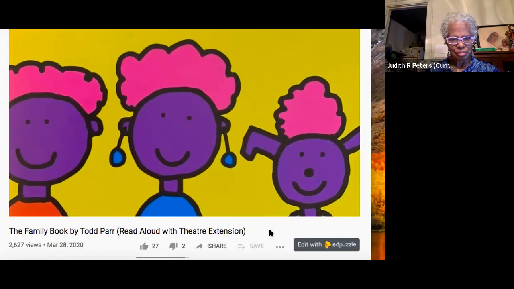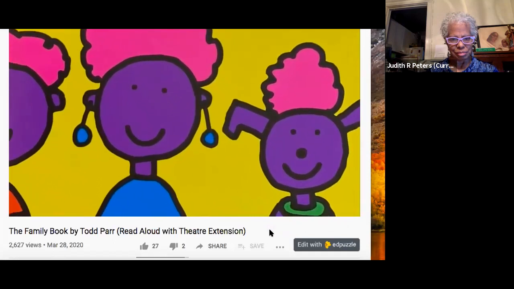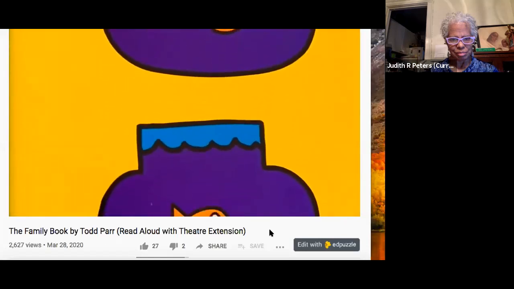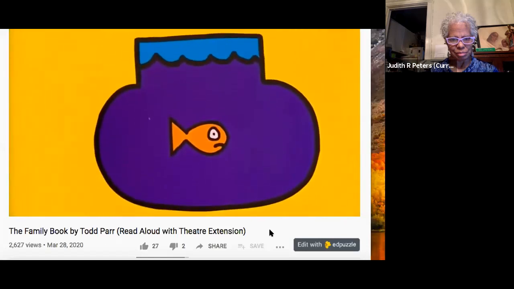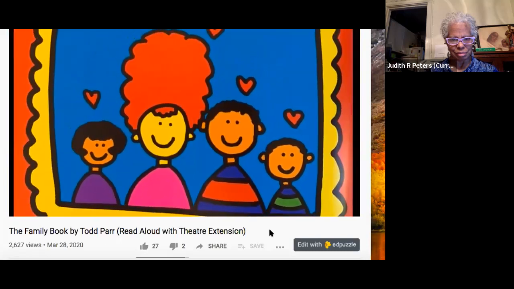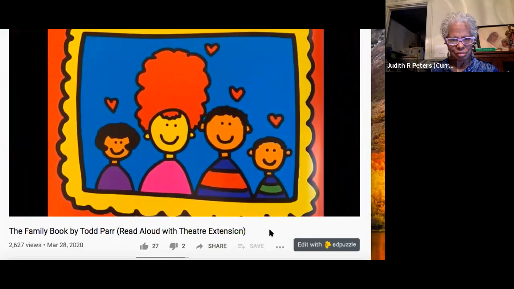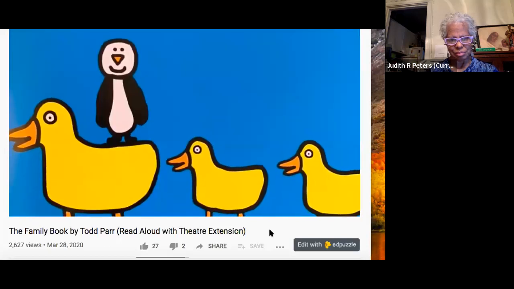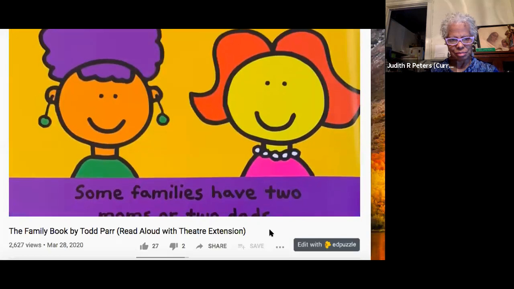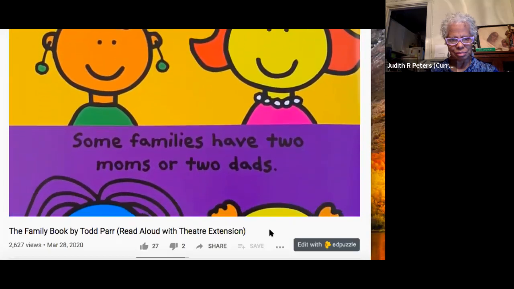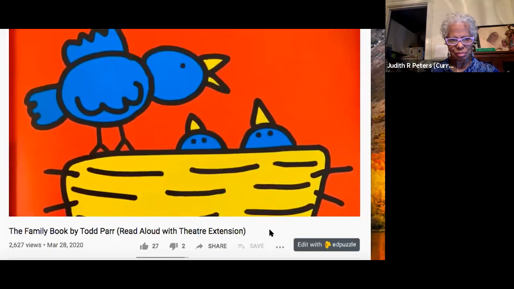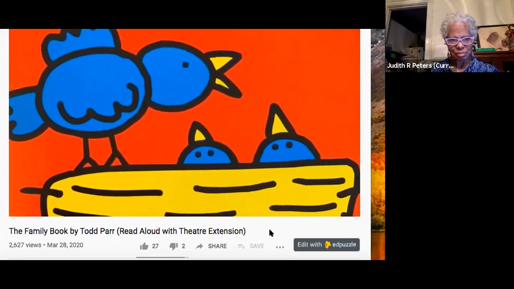Some families look like their pets. All families are sad when they lose someone they love. Some families have a stepmom or stepdad and stepsisters or stepbrothers. Some families adopt children. Some families have 2 moms or 2 dads. Some families have 1 parent instead of 2.